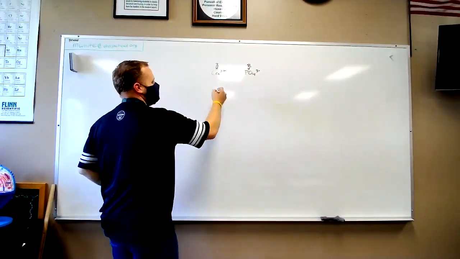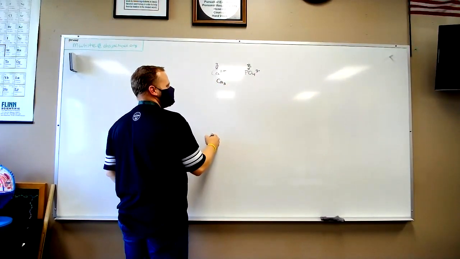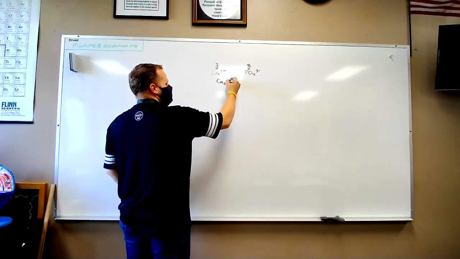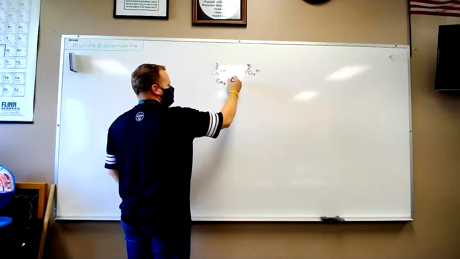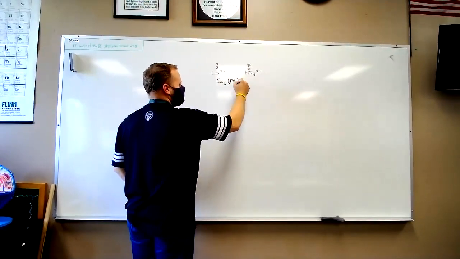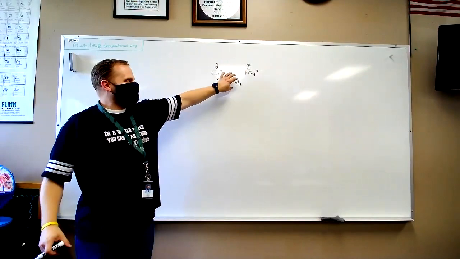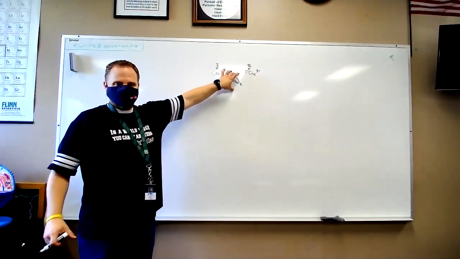So how do we write that? Well, we put our calcium with a little 3 as a subscript. For the polyatomic ions, we put them in parentheses. What those parentheses mean is that acts as a unit.